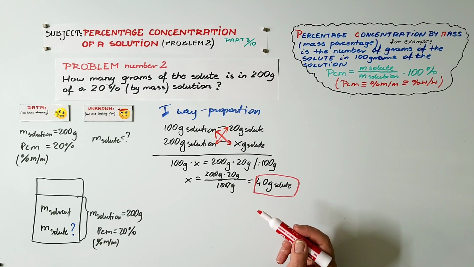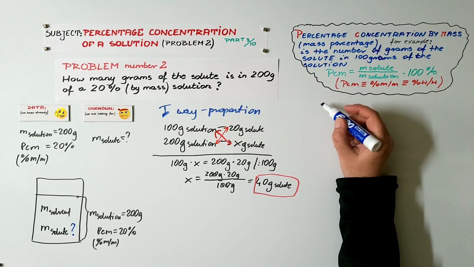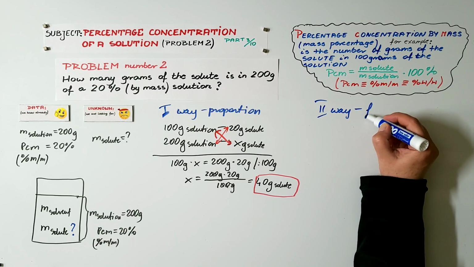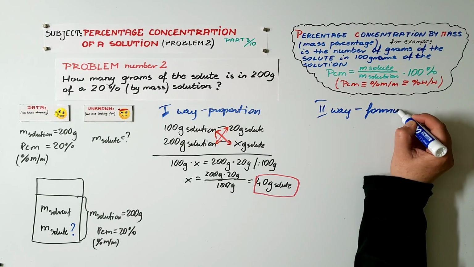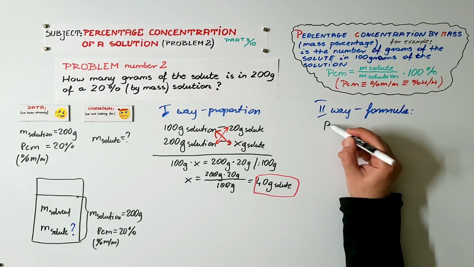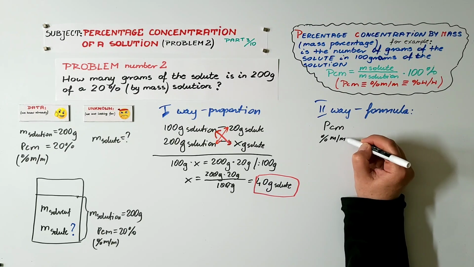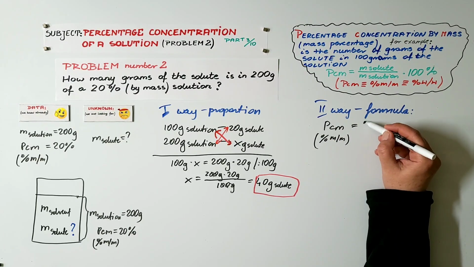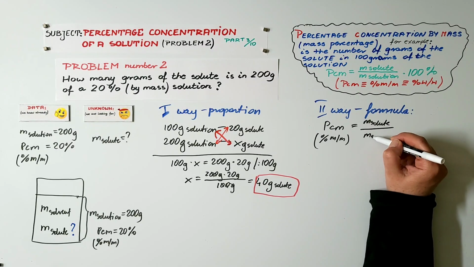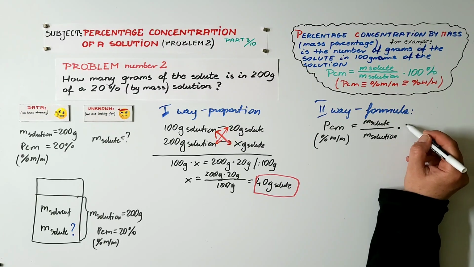Now it's time for second way. Second way on the base of formula. Percentage concentration by mass, percent mass over mass, equals mass of solute over mass of solution and multiplied by 100%.